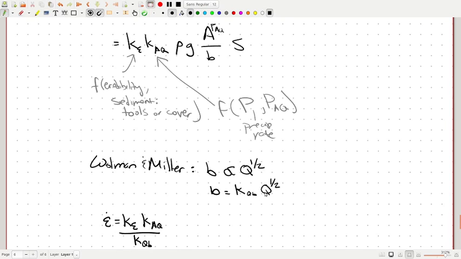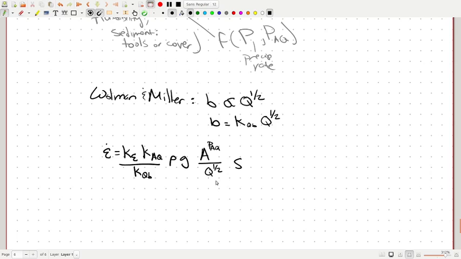Then we have Q to the 1/2 on the bottom, and we have area to the P_AQ on the top. And I think you might be able to see where we're going with this. And before I do that, almost forgetting density and gravity, those constants, I was getting away from me. So area to the P_AQ over Q to the 1/2 times slope.